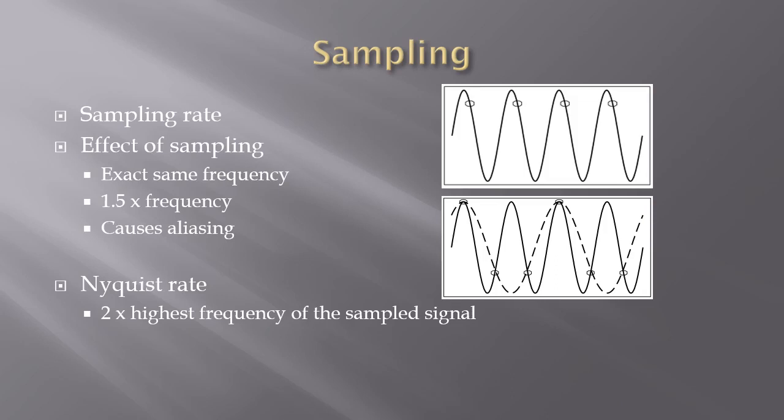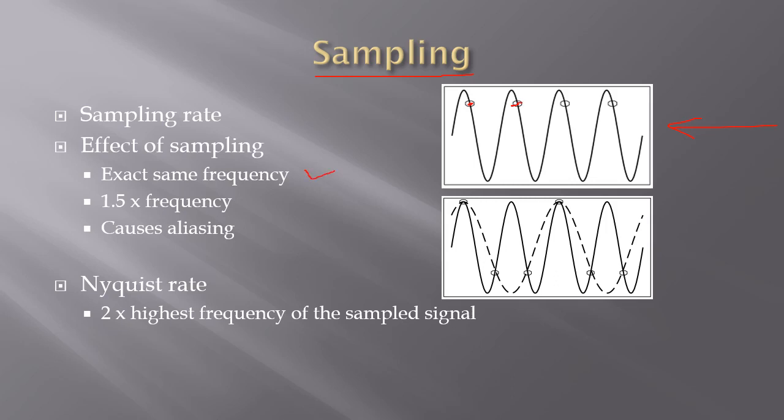Okay, so now what is the effect of sampling? Suppose we have a signal, in these upper figures. We have a black signal here, and we do the sampling as indicated by this circle. The frequency is exactly the same as the signal itself.